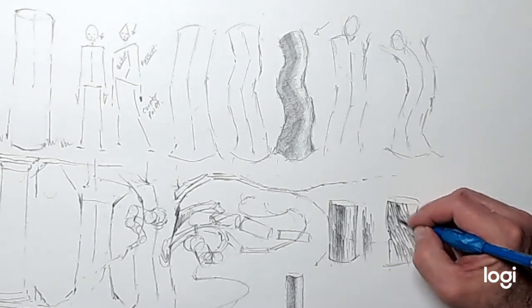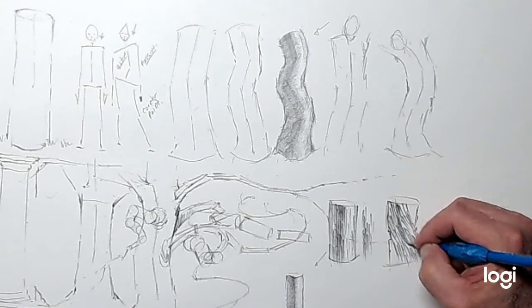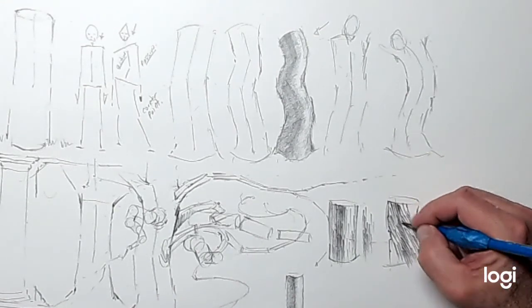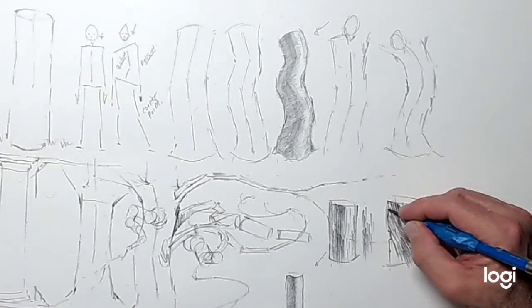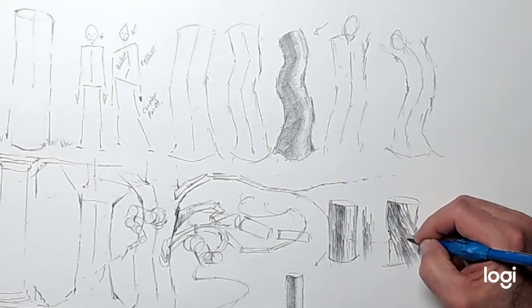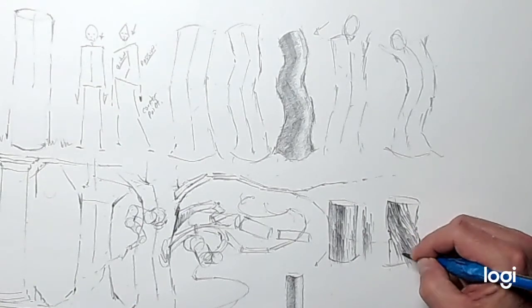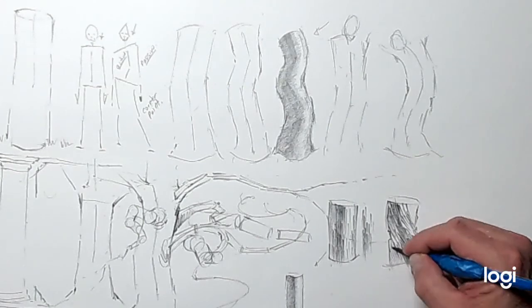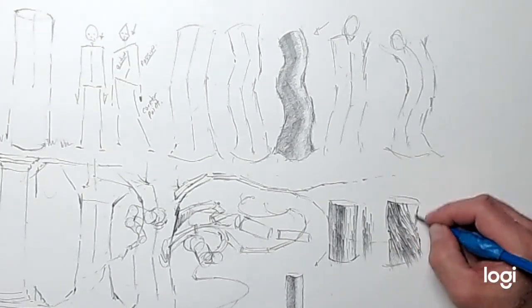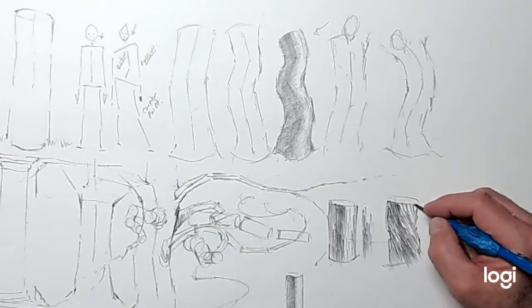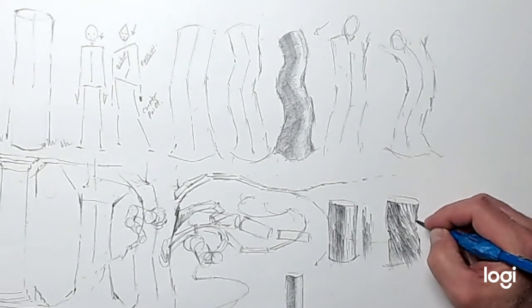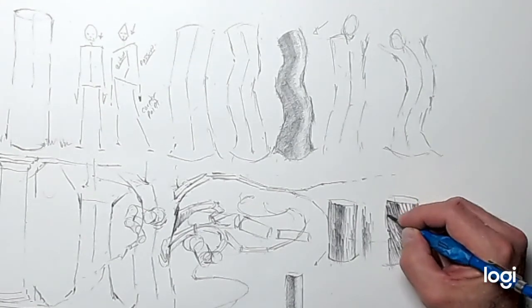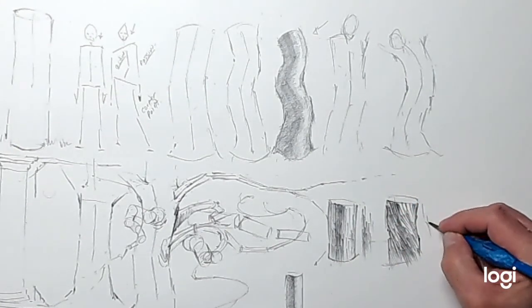And here I'm going to densify at the core shadow. And that's just wrapping lines.